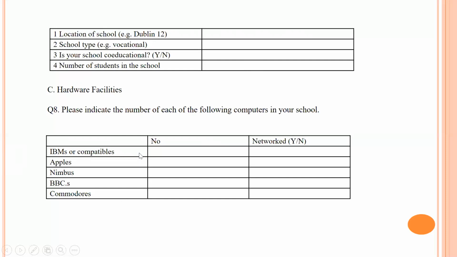In the table, you must write the types of indicators. First, IBMs or compatibles, Apples, Nimbus, BBC, and Commodores. And here you must choose your variant of your answer. If no, you must pick here. If yes, you must pick this table.